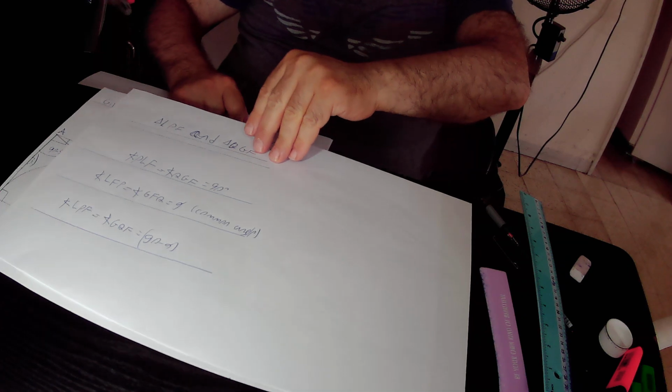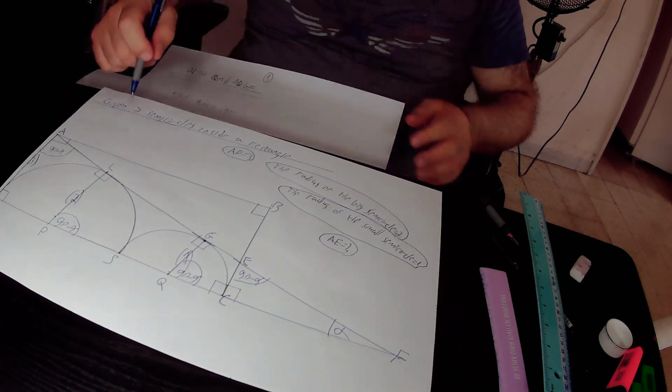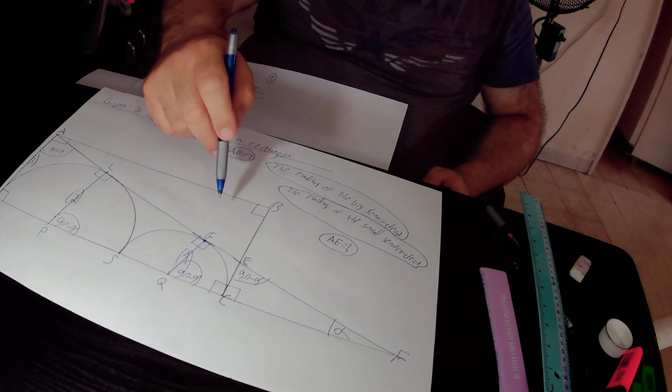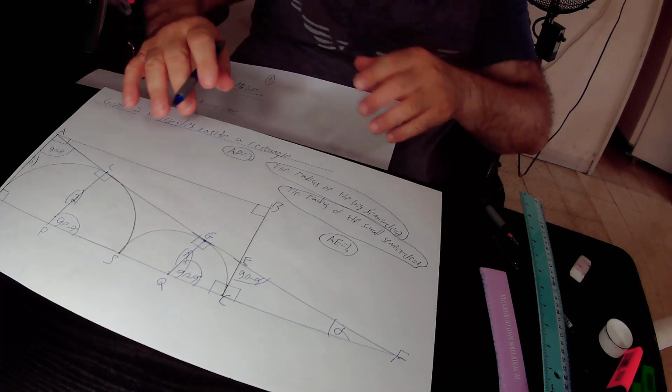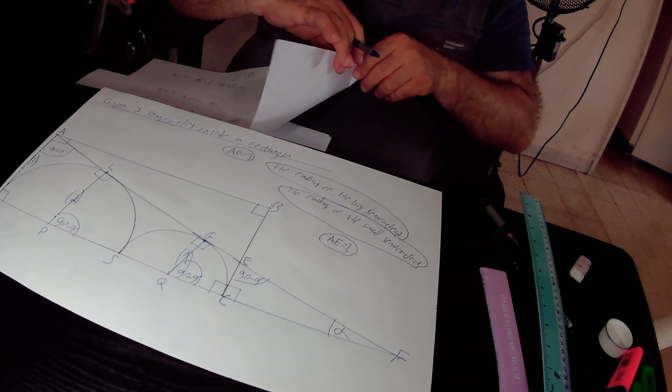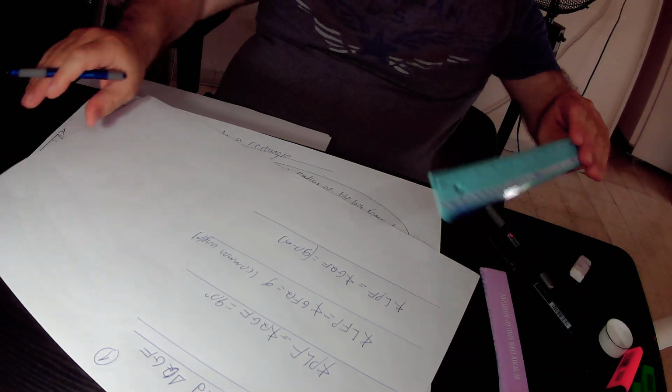So we actually proved that all the angles in this big triangle LPF are correspondingly equal to all the angles in this small triangle GQF. Therefore those two right triangles are similar to each other according to the angle similarity rule. So I write it down.